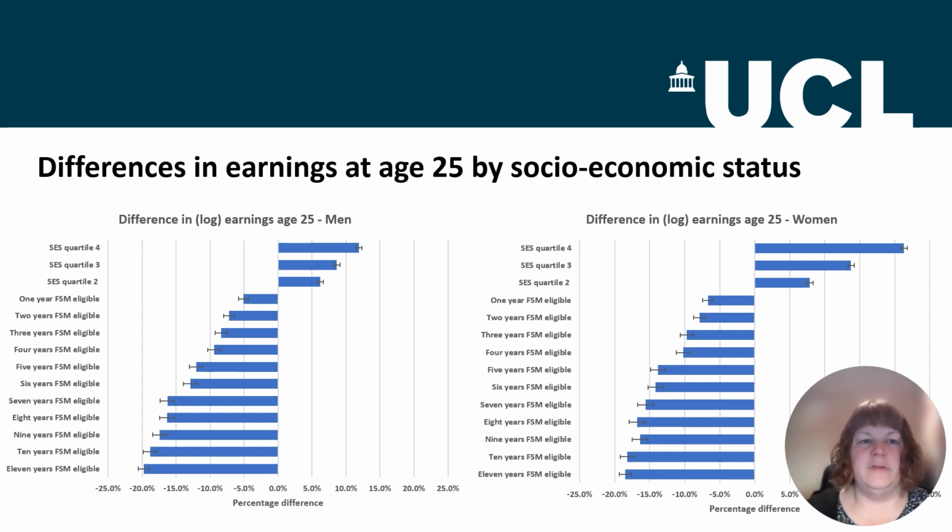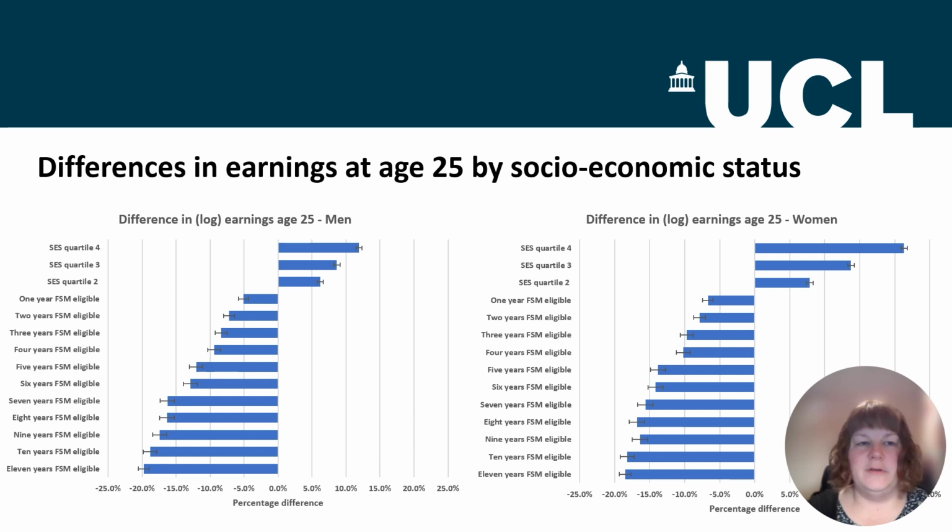And you can see that there are really substantial differences across the distribution for men on the left, women on the right. In terms of the higher socioeconomic status individuals, for example, women in that top group are really earning a lot more than those in SES quartile 1, men still earning more but a relatively smaller effect size.